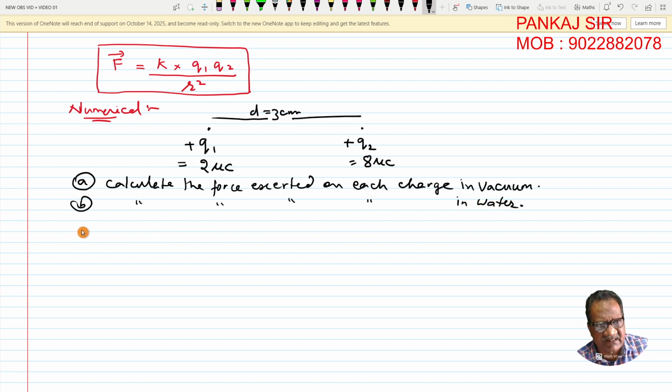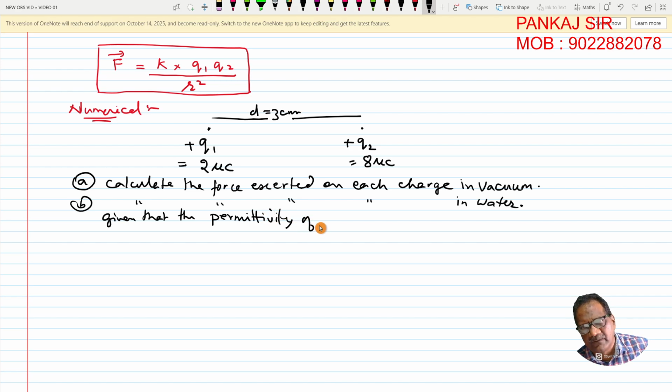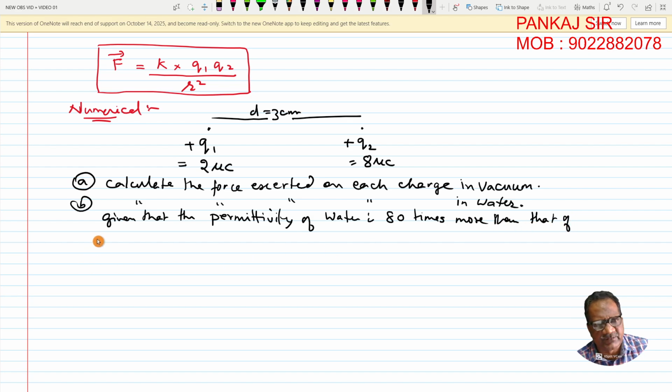And the C part: in the case of B, it is given that the permittivity of water is 80 times more than that of vacuum.